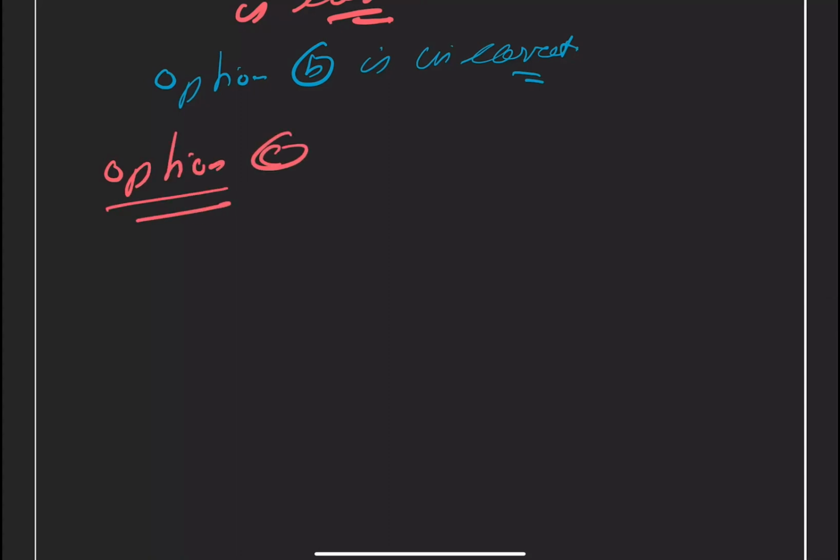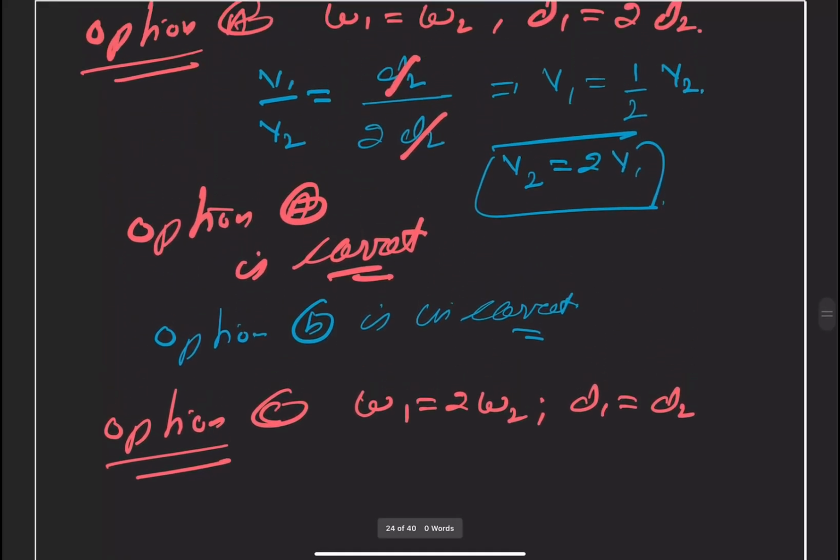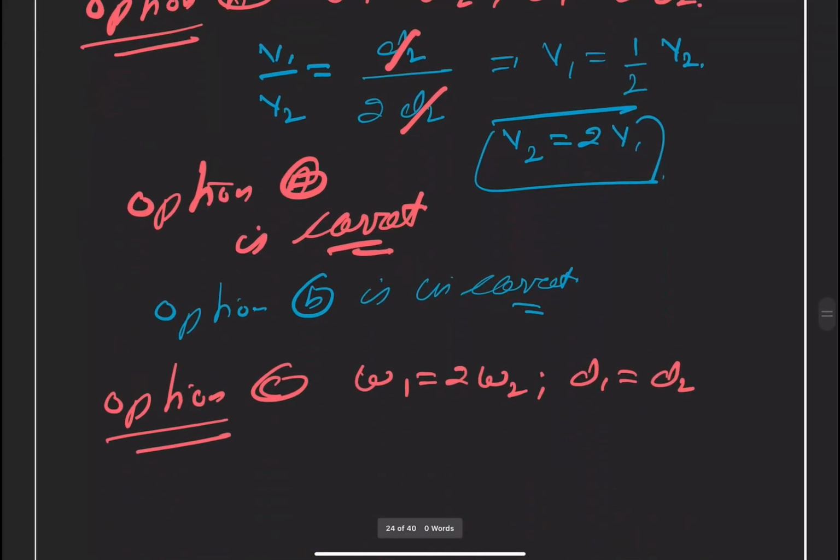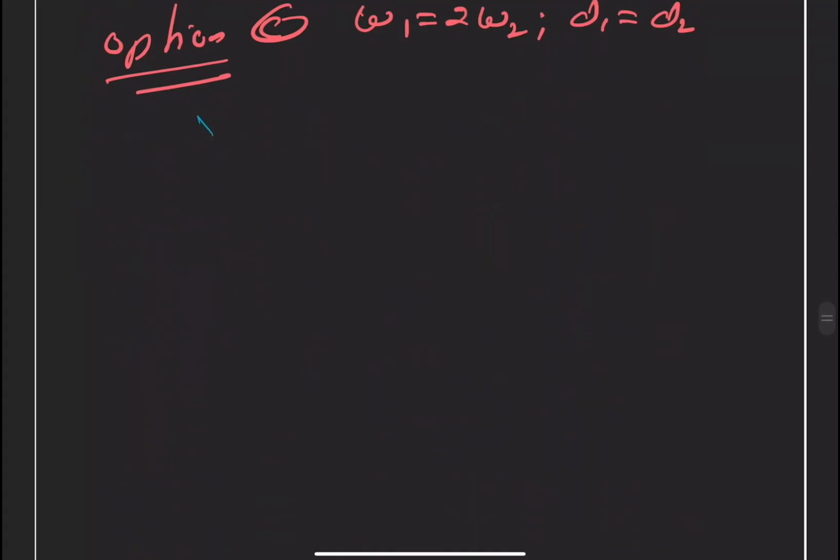And option C gives us that W1 is equal to twice of W2, and we have D1 is equal to D2. But W1 and W2 are nowhere in the picture. Therefore, we can write that V1 upon V2 is equal to D2 upon D1. So they are the same, so we can say D2 upon D2.